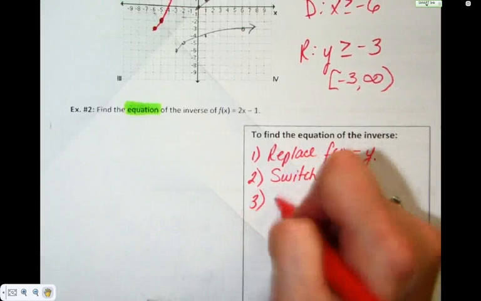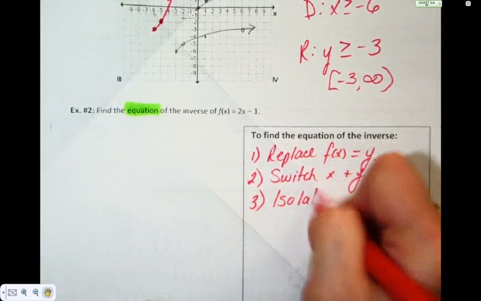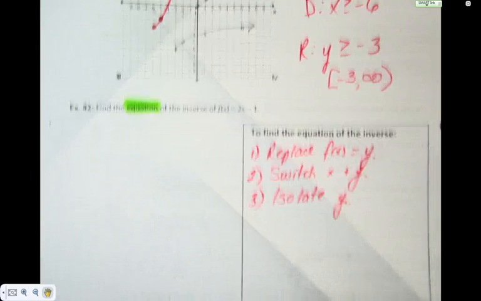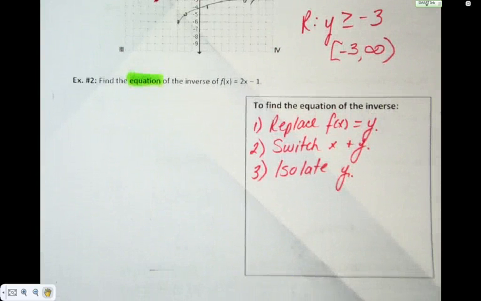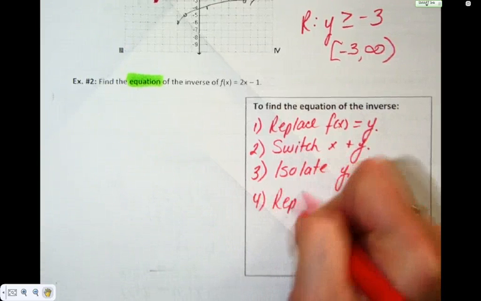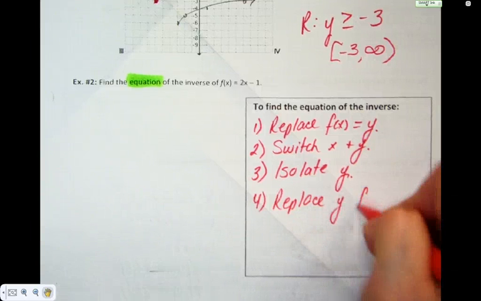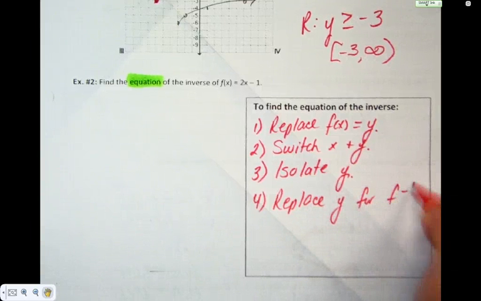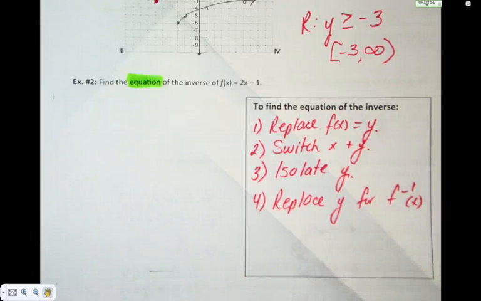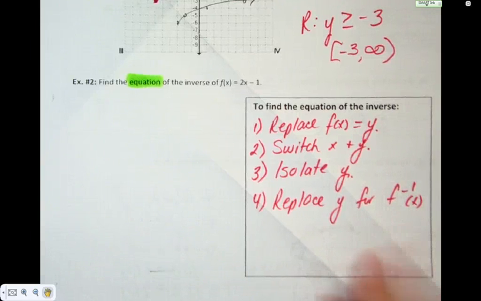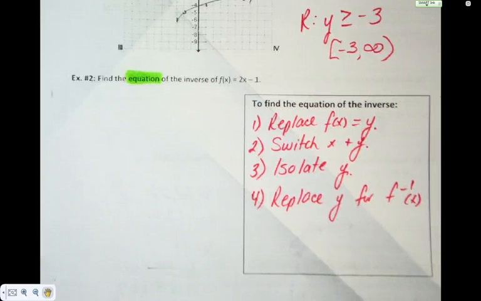Step number 3, isolate y. And step number 4, replace y for the inverse notation, which is that f minus 1 of x that we just call inverse. It doesn't have a special name. I guess inverse is its special name.